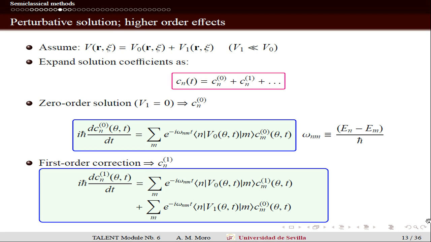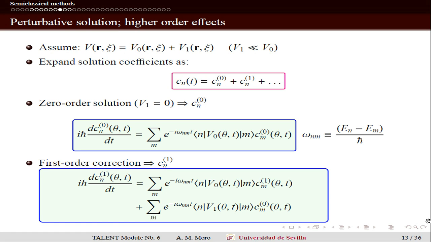This is the part that is more important, and maybe this part is simpler to treat. So we get an exact solution. So this zero order solution is an exact solution for the V0. Okay? And then we can use this solution and put it into the full system of coupled equations to obtain the C1. So this C1 will be a correction. So you can think of this as a different correction.